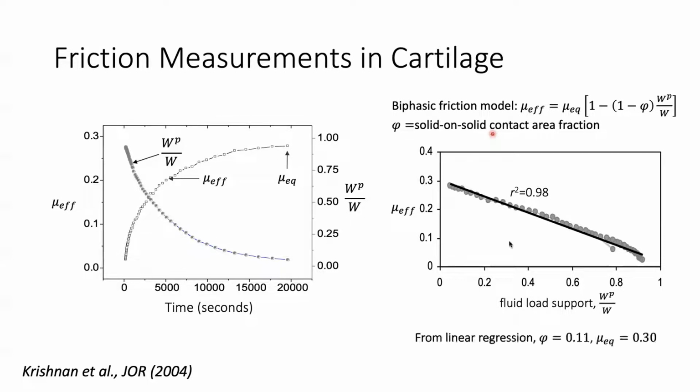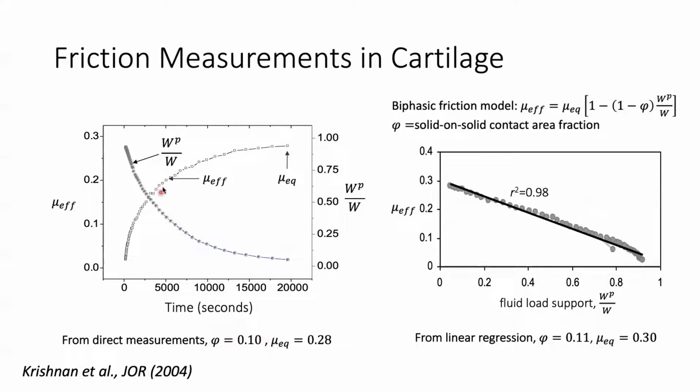So indeed, when we fit this linear regression to the experimental data, we find that phi is roughly 11%, and the equilibrium friction coefficient seems to be about 0.3 in this case. When we measure directly the porosity of the tissue at the articular surface, we find that it's 90%. So that means the solid fraction is 0.1, very close to what the regression showed.